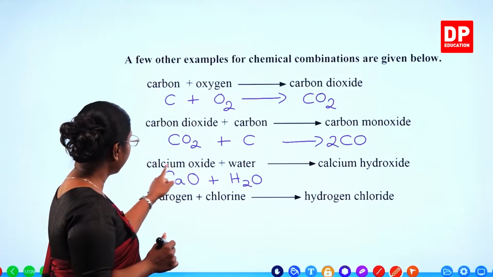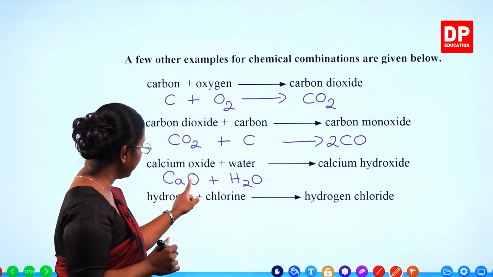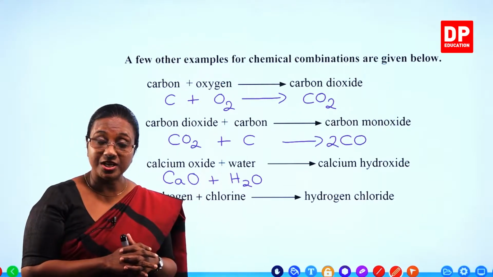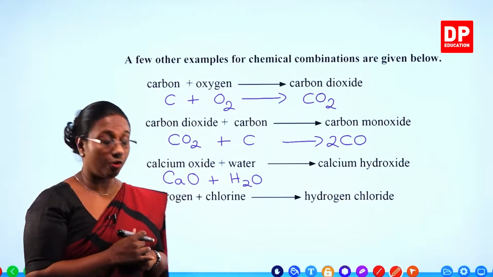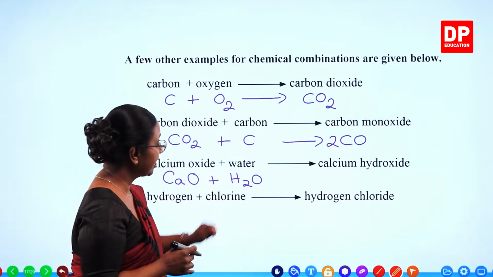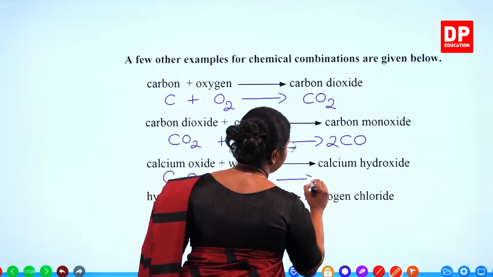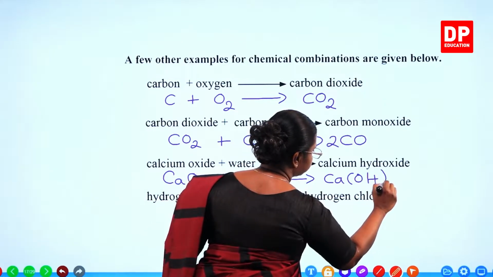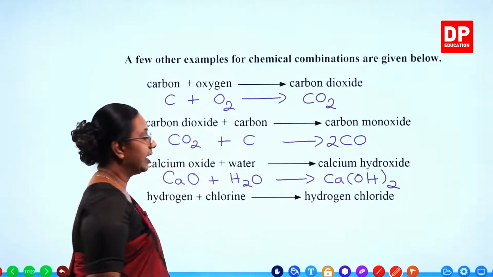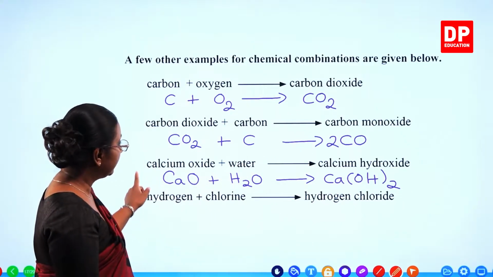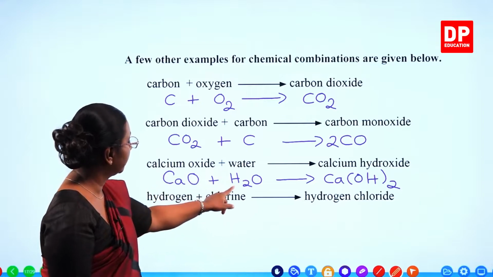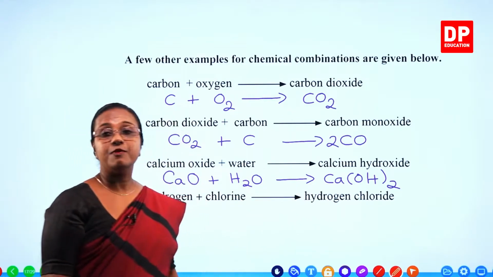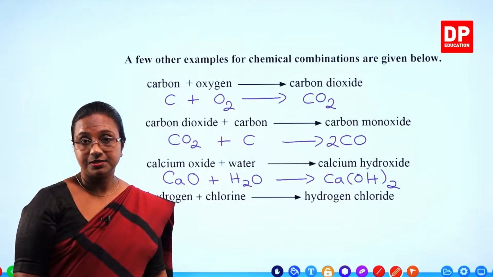If you know calcium oxide, calcium is Ca, oxygen is O, you exchange the valencies and write the formula. Calcium oxide and water give rise to calcium hydroxide, Ca(OH)2. Here again, two compounds combine and form one product.